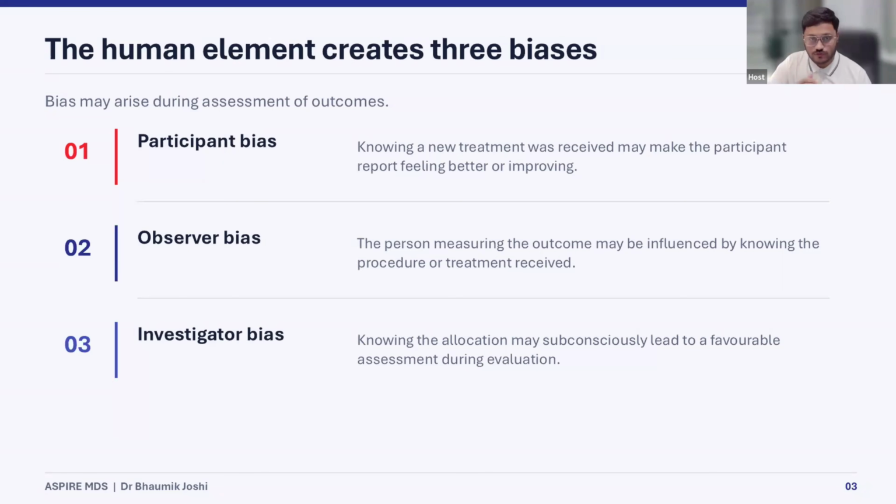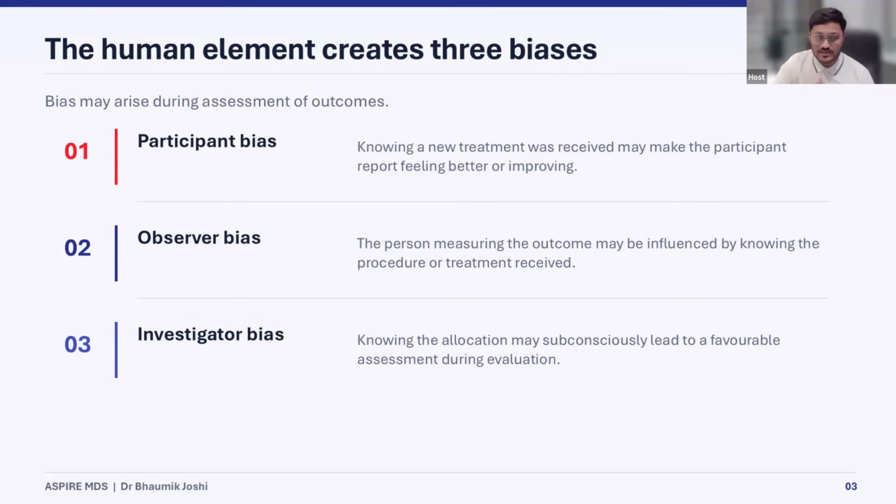For conducting a study, to one group we will be giving the drug that we want to try, and the other group will be receiving the placebo. In that case, the participants who know that they are receiving the actual drug, or that they are receiving the placebo, will give responses accordingly. So that is known as participants bias.